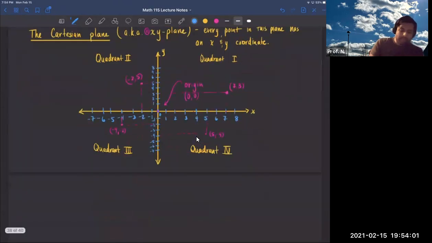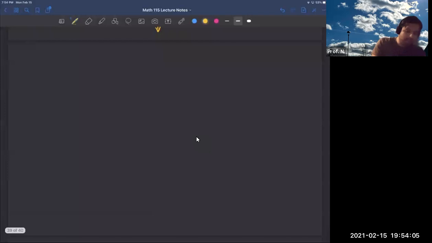plane. Now, we're going to be on this plane a lot, and in particular, we're going to discuss two important formulas for the Cartesian plane.